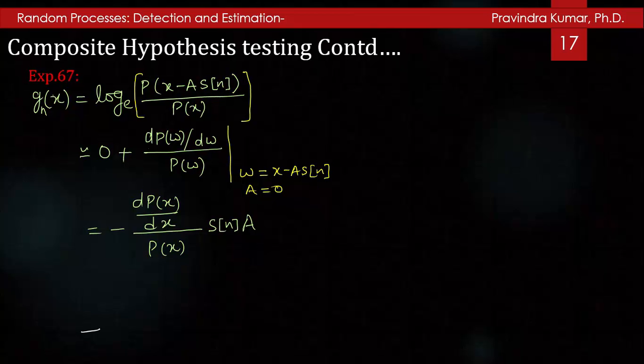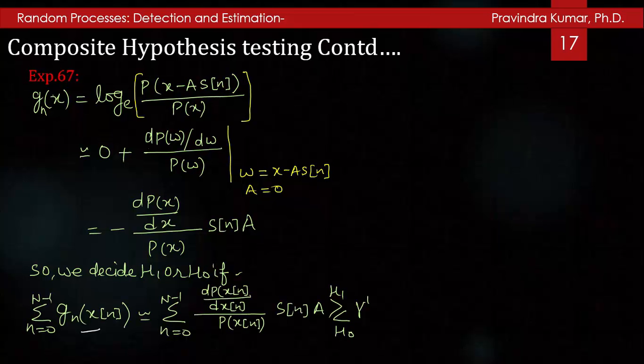So we decide H1 or H0 if the summation n0 to N minus 1 of g(x_n), or you can say the summation n0 to N minus 1 of minus dp(x_n)/dx_n divided by p(x_n), s_n A, is greater than or less than threshold value gamma dash.